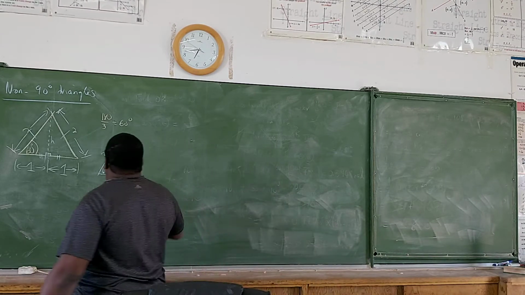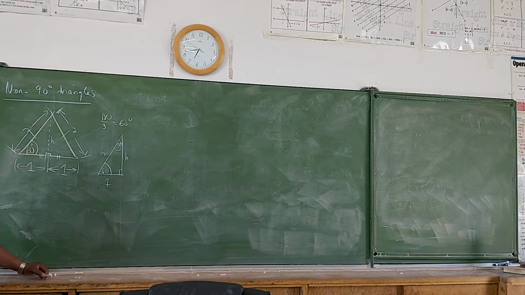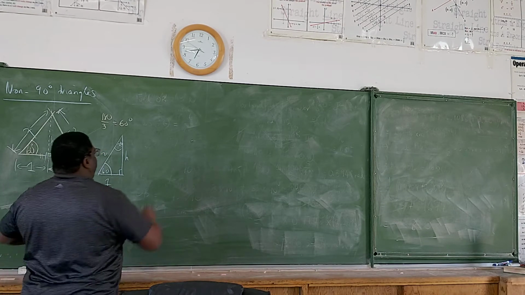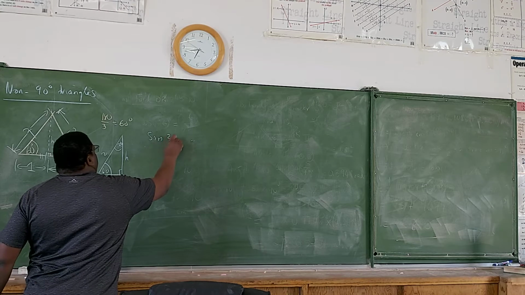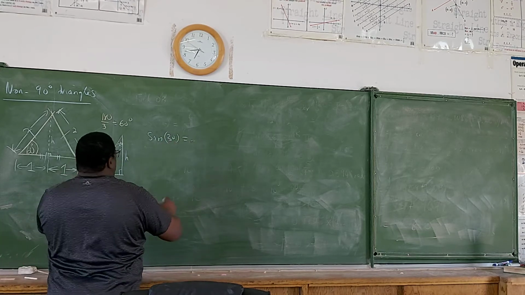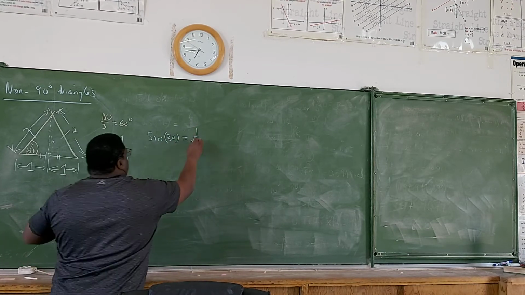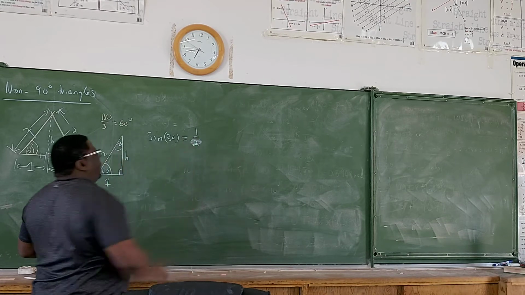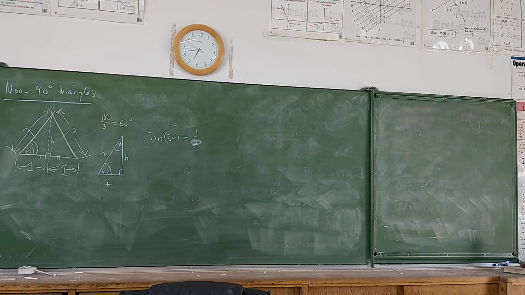The way we know that the sine of 30 degrees is equal to a half is from this fact. The sine of 30 degrees is always equal to the opposite over the hypotenuse. Sine and cosine are co-functions.